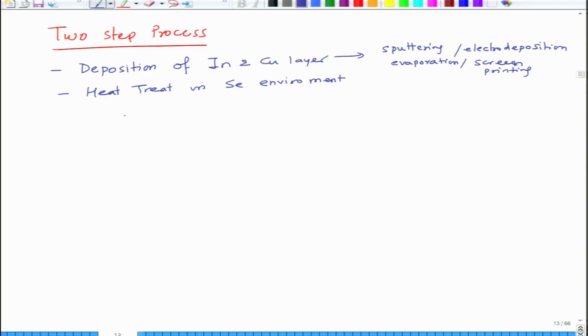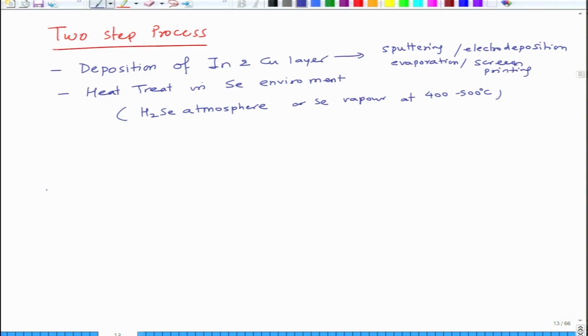Selenium treatment is done in a hydrogen selenide atmosphere, or selenium vapor, at about 400 to 500 degrees centigrade.